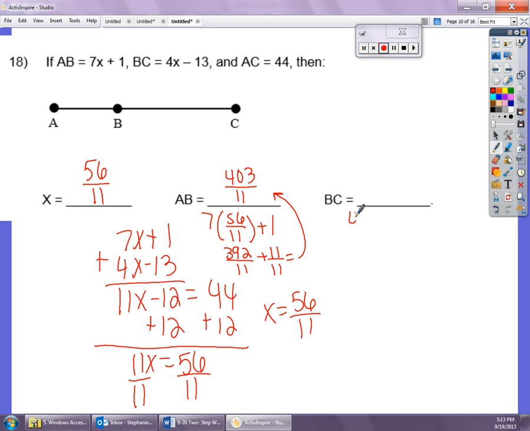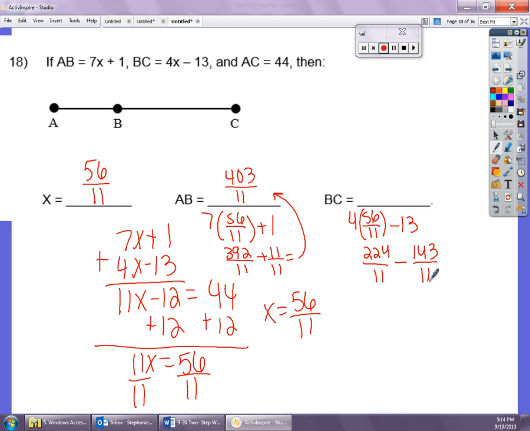On this side you do 4 times 56 over 11 minus 13. So you do 4 times 56. That's 224 over 11 minus, now just multiply these two, 13 and 11. That'll give you the numerator. So minus 143 over 11.